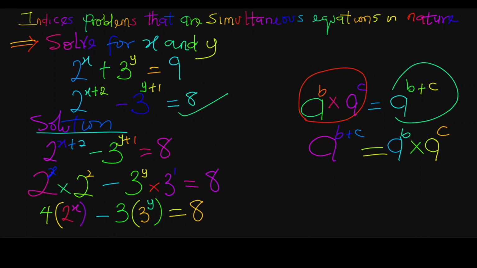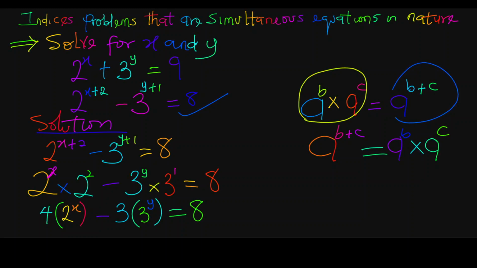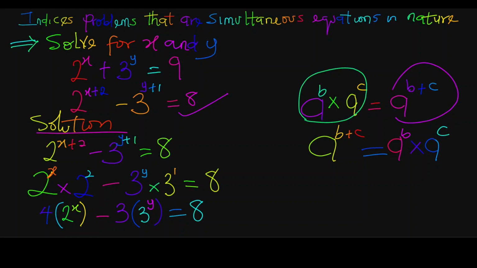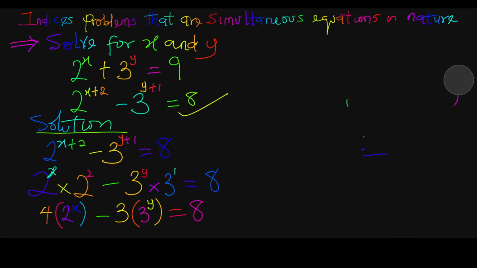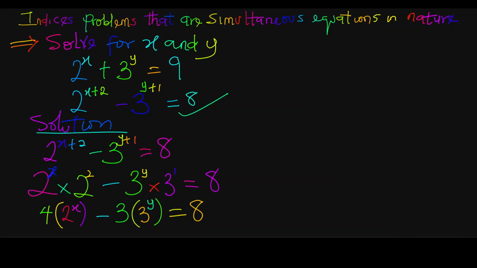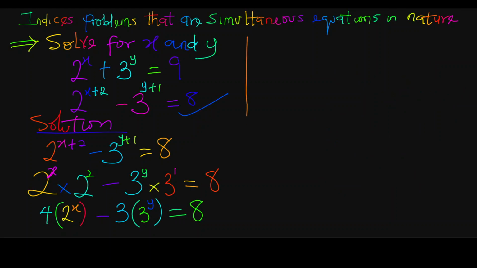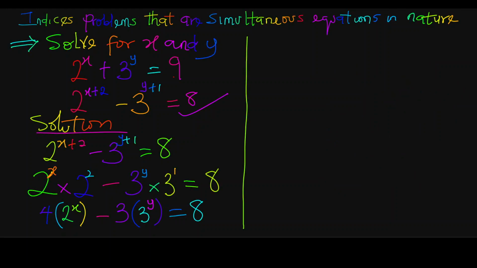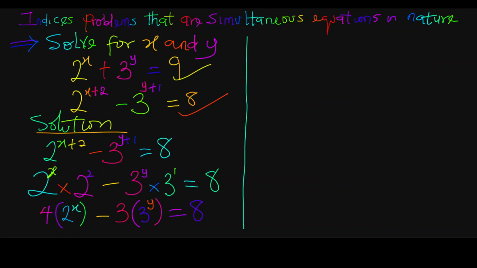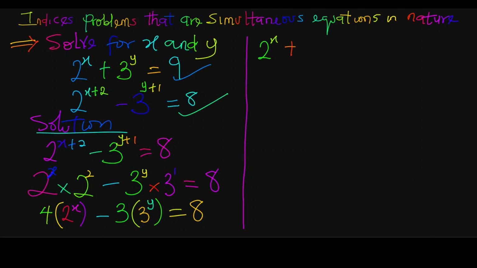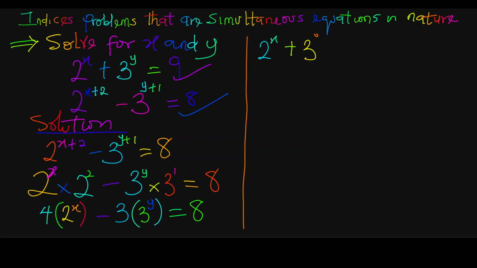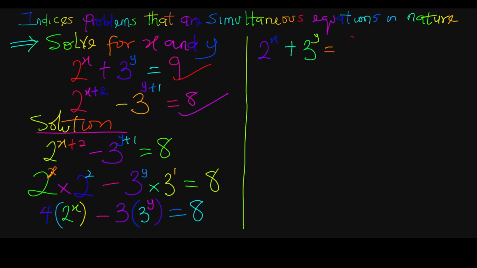Now let us rewrite both equations. The first equation given to us is 2 raised to the power of x plus 3 raised to the power of y equal to 9.